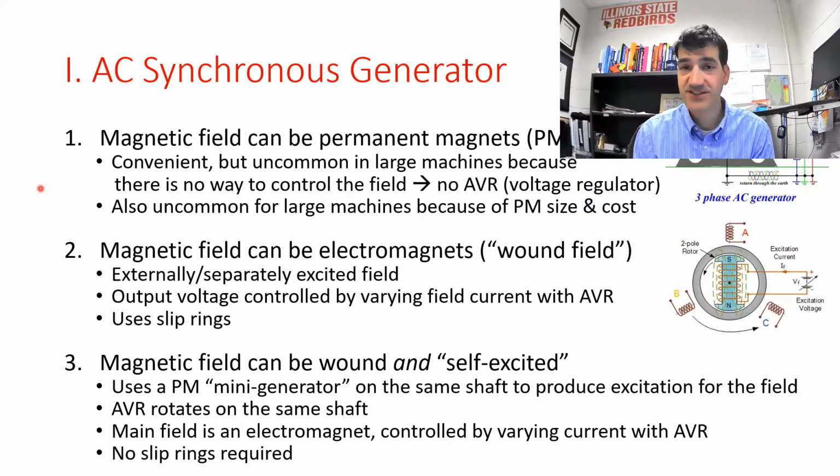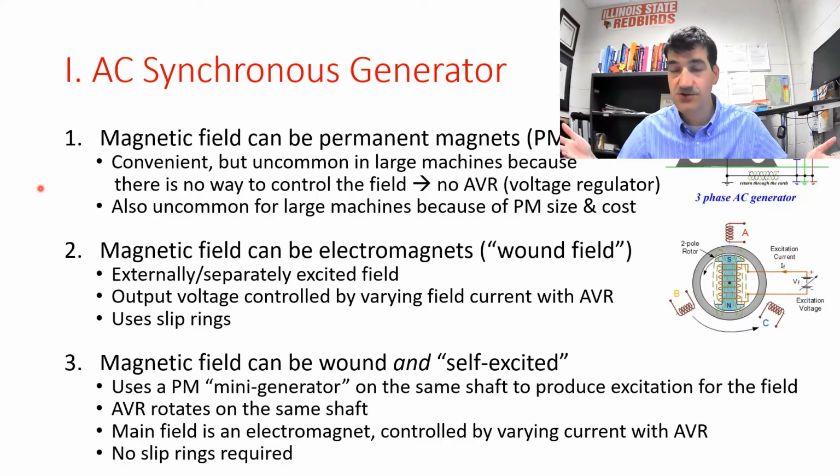And like I said in the previous slide, it's convenient because you don't have brushes or slip rings, which is nice for maintenance and durability, but there's no way to control that magnetic field because there's no way to apply an automatic voltage regulator, like we talked about in the last class. So this is really uncommon for machines of any significant size, like larger than what you'd use to power a house, because you can't control the output voltage very easily.